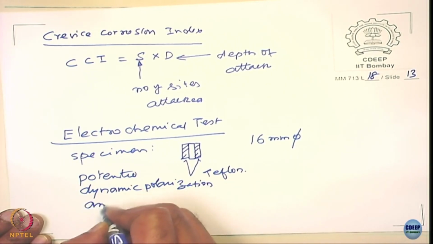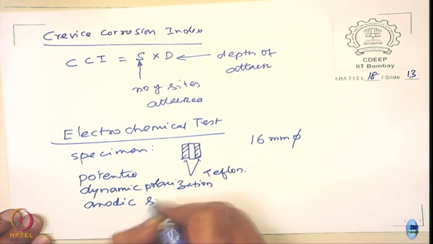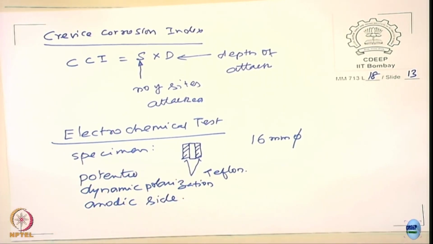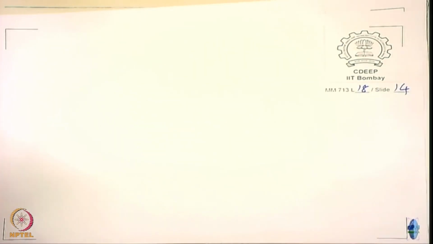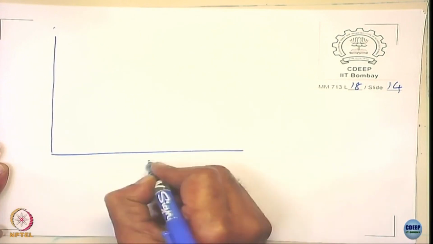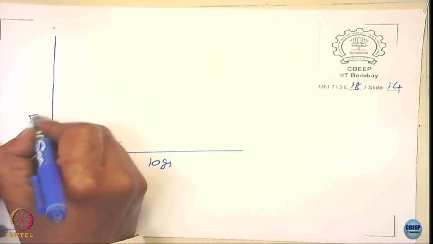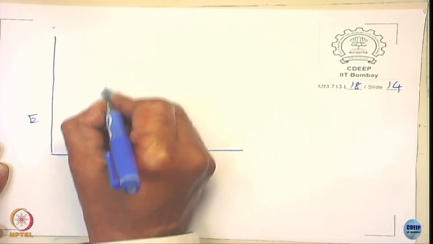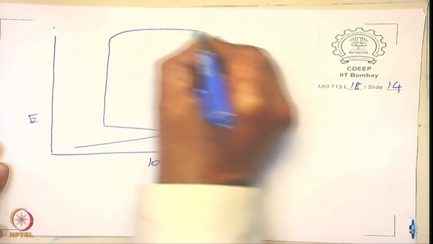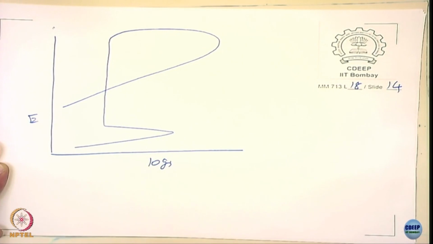Only on the anodic side, not the cathodic side. Do that, and if there is crevice corrosion, you reverse the scan and you get a curve like this.